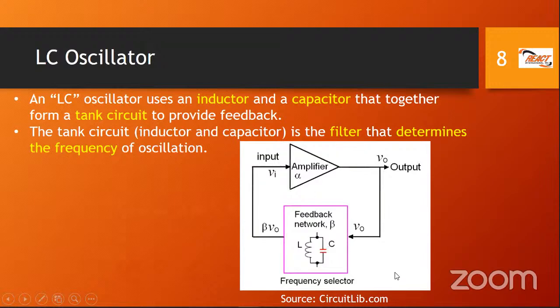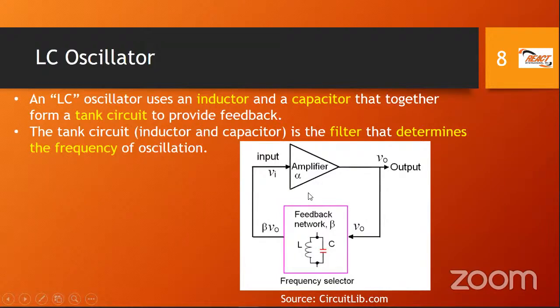Now the tank circuit, which is the inductor L and the capacitor C, is the filter that determines the frequency of oscillation. So if you got a question asking you, what determines the frequency of oscillation in an LC oscillator? Well, it's exactly that, the tank circuit, and it's a filter. And that is what determines the frequency, the value of the inductor and the value of the capacitor.